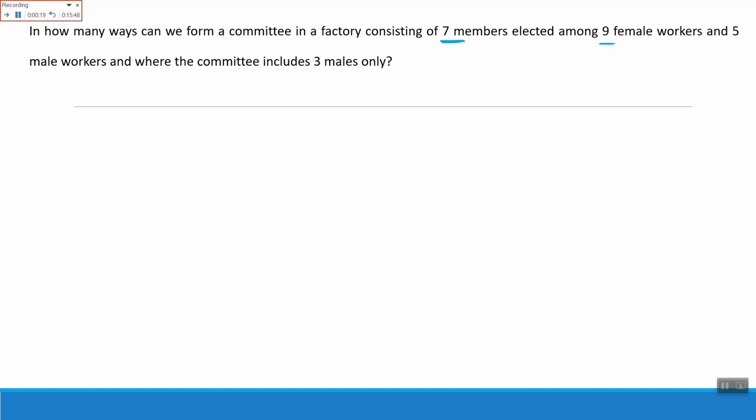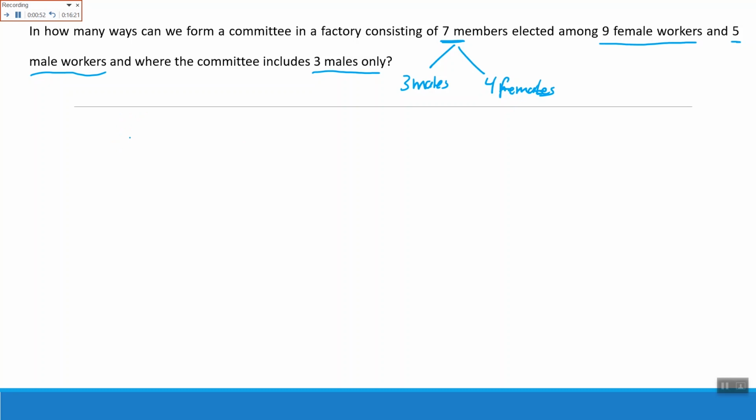I have 9 female workers and 5 male workers, and we want 3 males only, and it's 7 members. So if it is 7 members and we want 3 males, then for sure we have 4 females, right?